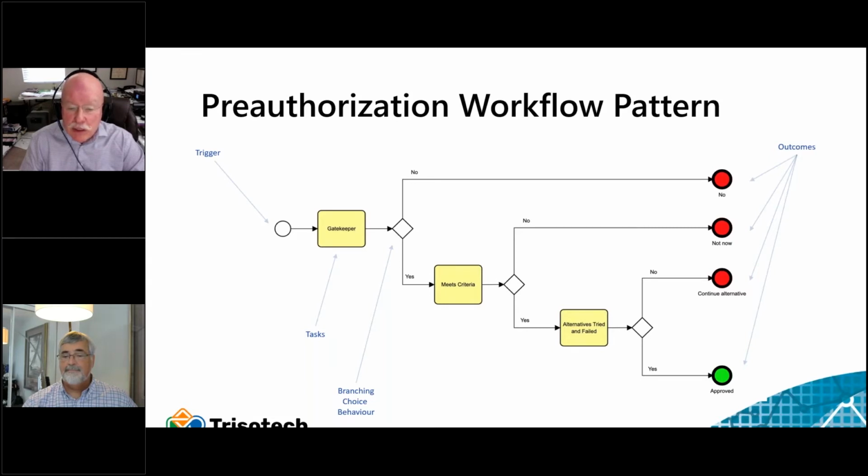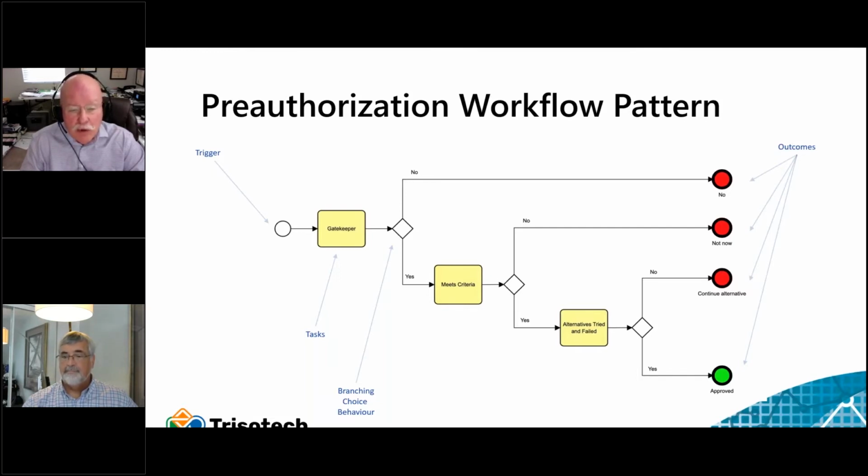The third decision is, have all alternative therapies that might be cheaper or less invasive or have fewer adverse consequences, have they all been tried? If they've all been tried and failed, then you proceed to say it's okay to do this procedure. If not, again, you try the alternatives first.